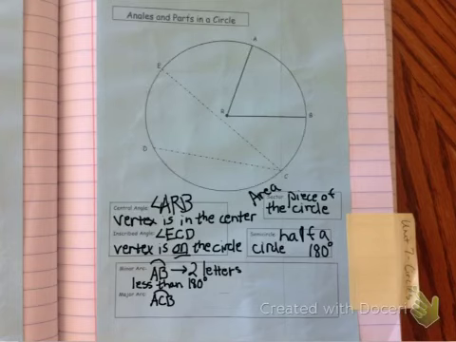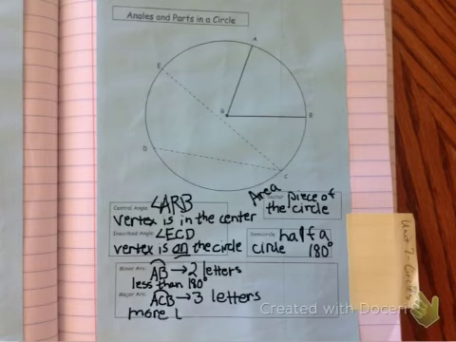That's why we call it a major arc. Okay, we're going to highlight that whenever we come back to class. So a major arc, you've got to use 3 letters, and it's going to be more than 180 degrees.